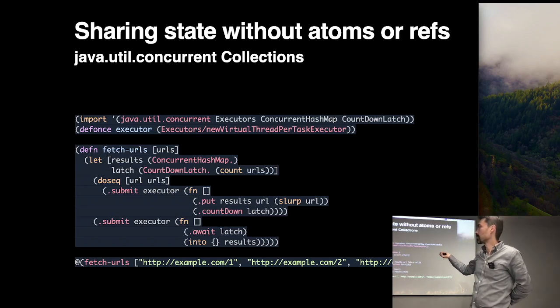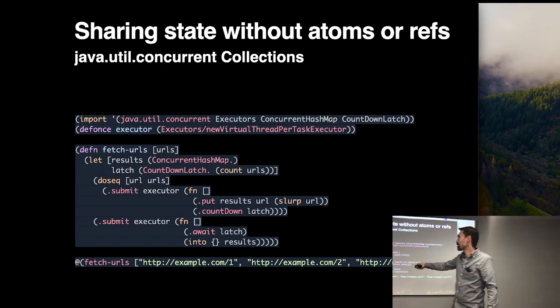So I create a virtual thread per URL. It slurps it and then saves it into a concurrent hash map. Because they're all using different keys, it's fine because they're never going to have a collision. And if there is a collision, they're just reading the same thing and putting the same thing in, and I don't care. It's thread safe, so they're not going to accidentally mess up the hash map.